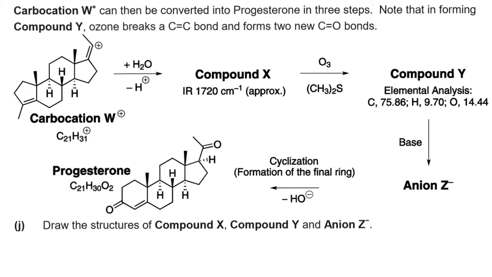As before, I'm not going to copy out the whole molecule, although you might have to do that in the exam, but I'll just draw out this bit at the end where I'm going to assume that I now see this ketone and the double bond has disappeared. The carbon-carbon double bond has disappeared, and I've got a carbon-oxygen double bond instead.